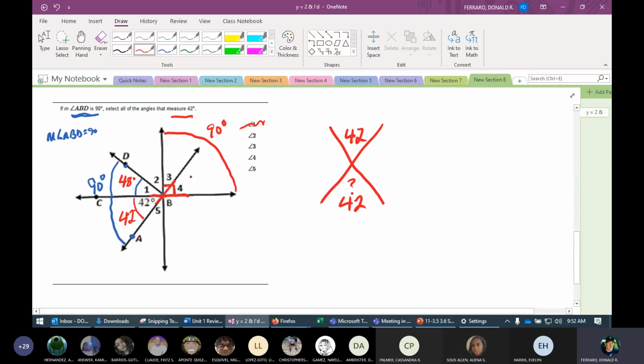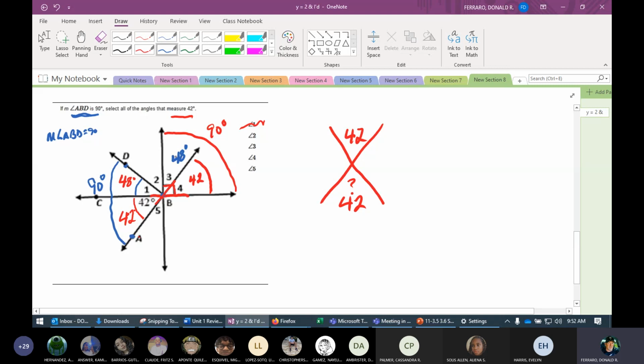And Dylan already answered that. Dylan, great job. So that one is 42 degrees. All right. So if that's 42, what do you guys think angle 3 is? Remember, angle 3 plus angle 4 equals 90. Justin, Dylan. Dylan says 48.